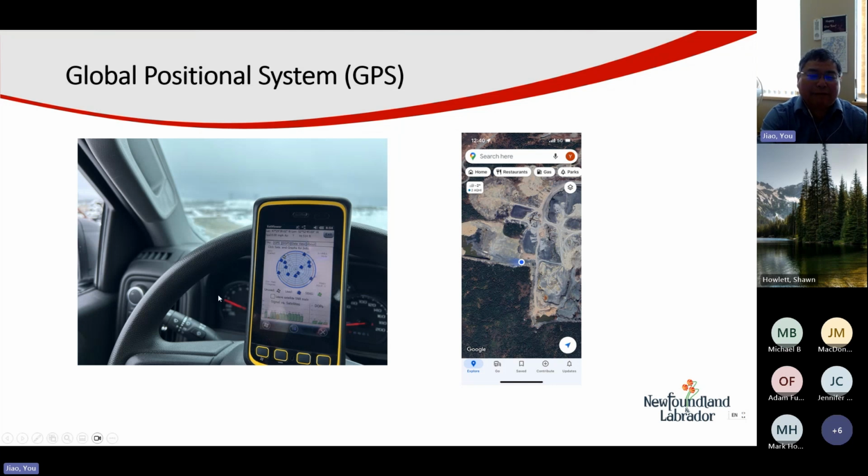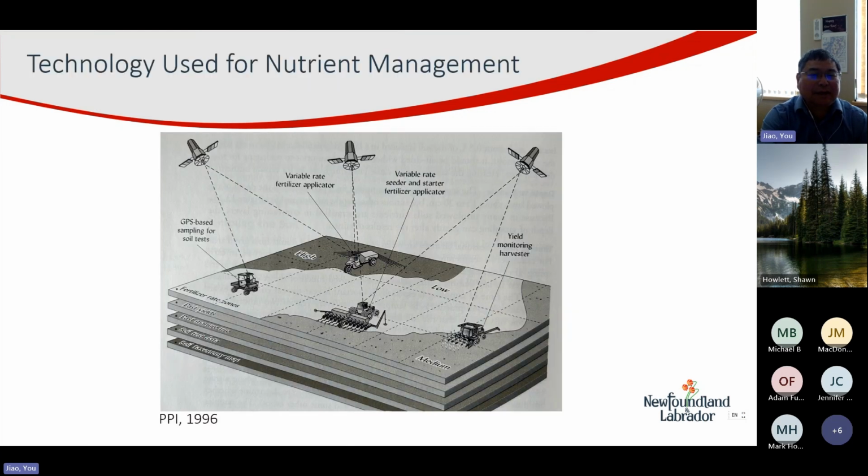By the way, I compared them: I was in the field at the same spot, I used the GPS to get the point, and also used the cellular phone. It's basically the same result. So now the smartphone is quite capable of recording the location, the same as a GPS you spend several $1,000 on.